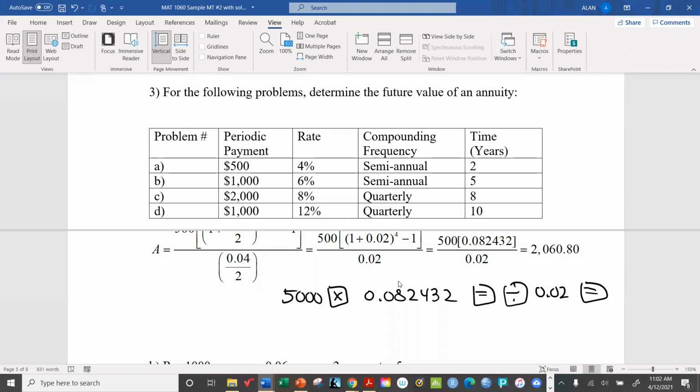Make sure you have all those steps, otherwise you're not going to get the right answer. I'm going to go to my calculator right now and confirm that. 5,000 times 0.082432 equals, divided by 0.02 equals.